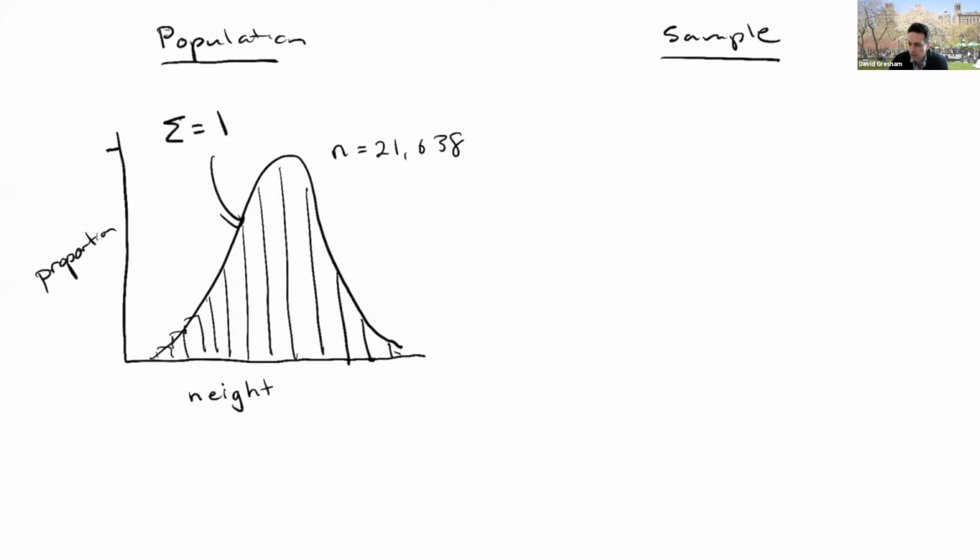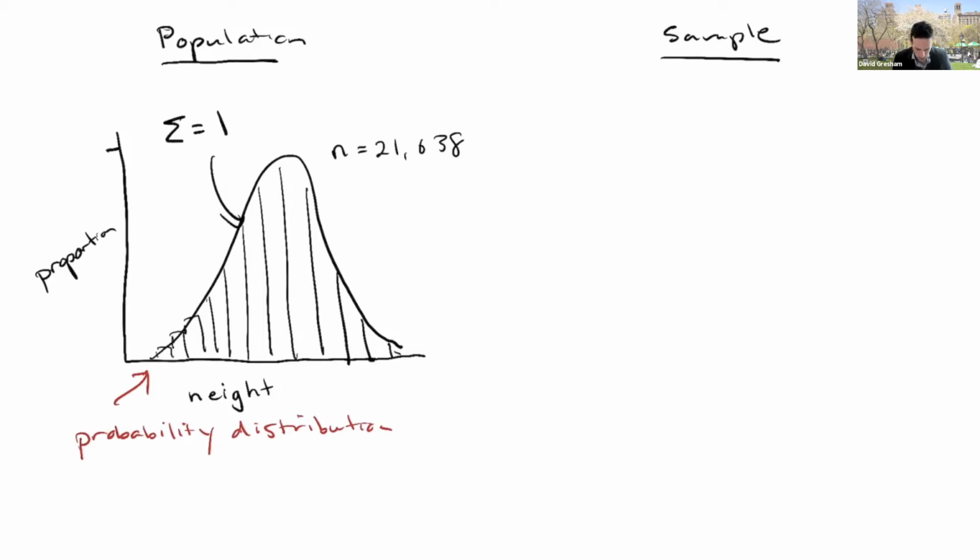It's a probability density. So what we refer to this as is a probability distribution, because it defines the probability, if we take a sample, of finding individuals with a particular height in the population.